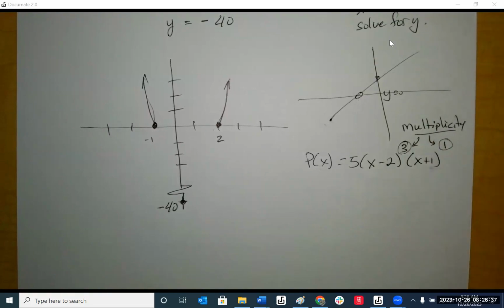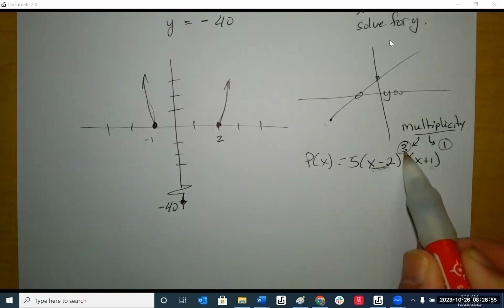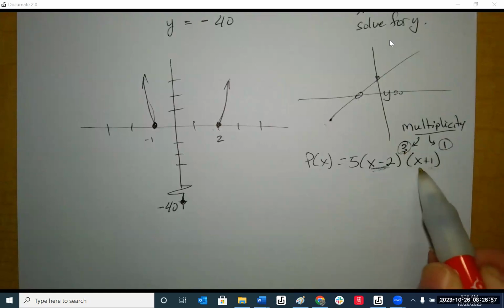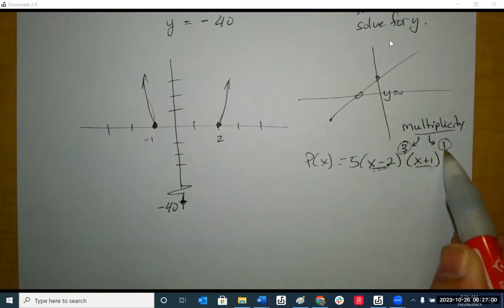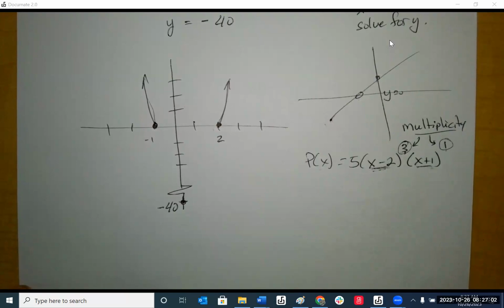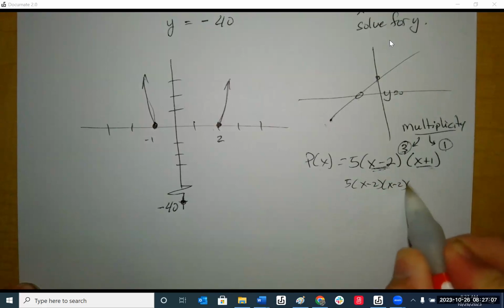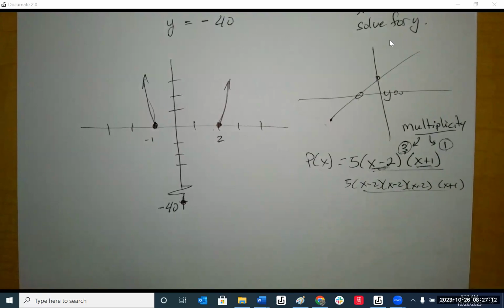Pretty much all the multiplicity tells us right now is how many times the answer appears. So the first one says our answer to this equation occurs 3 times. Our solution for the second one occurs once. And that's what it said originally: x minus 2, x minus 2, x minus 2, x plus 1. That's what the multiplicity tells us.